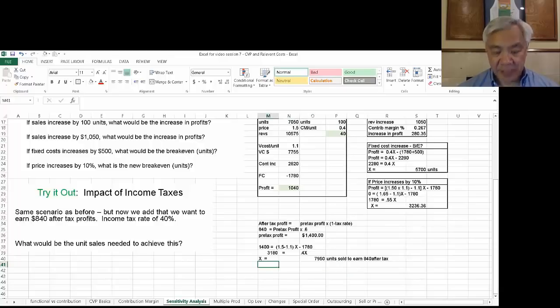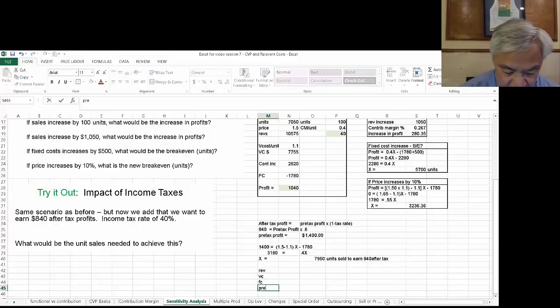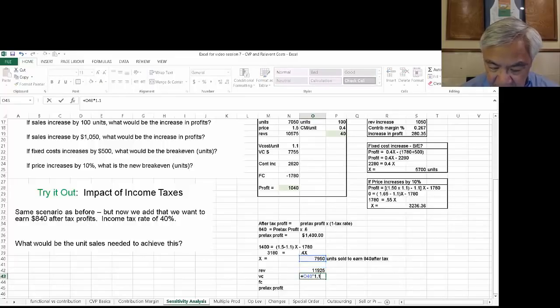But if you don't believe me, let's try it out. So let's go revenues, VC, FC, and profit, right? That's pre-tax profit. So let's try revenue. So we have plus those many units times $1.50, and variable cost is plus that times $1.10. Fixed cost is 1,780.